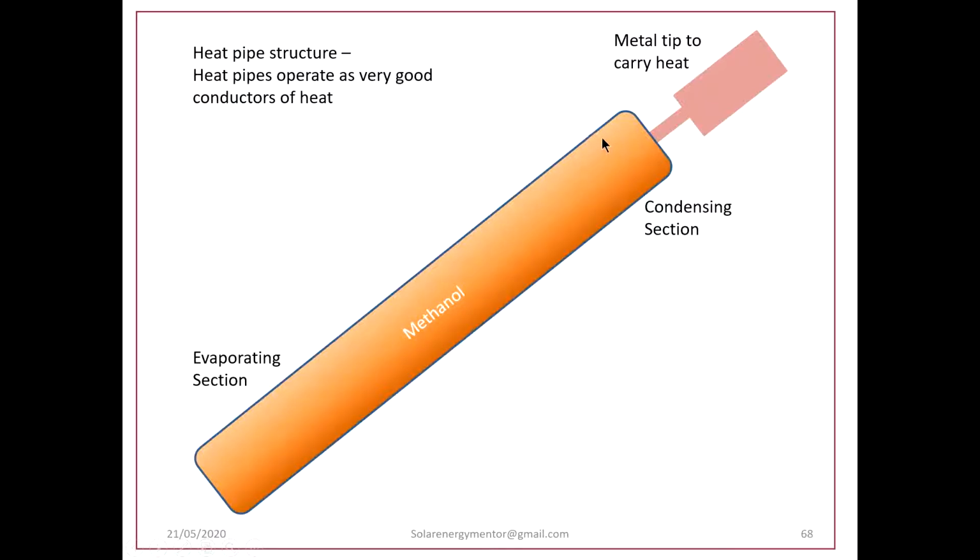When they reach this end, they condense, and while condensing they give heat to this section. So this section is called the condensing section, and this cycle continues as long as we supply heat to this end. So heat pipes operate as very good conductors of heat. How can this statement be supported?